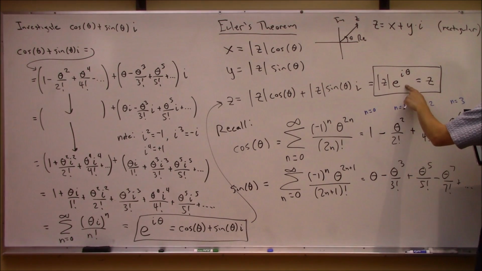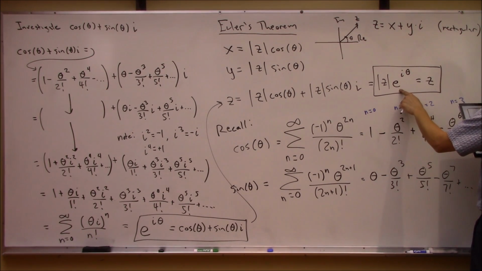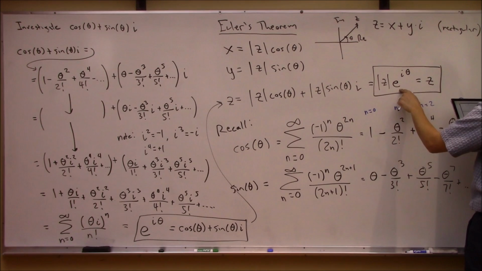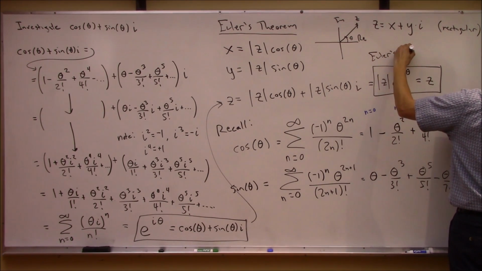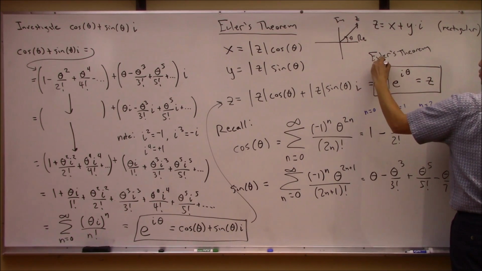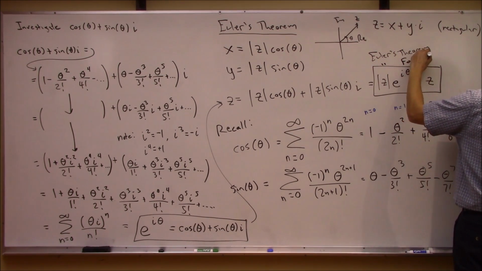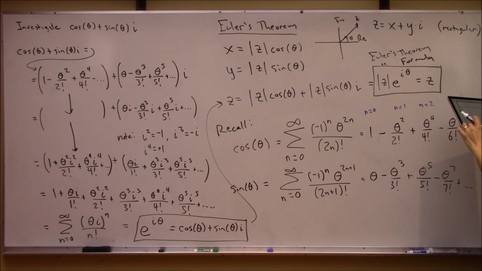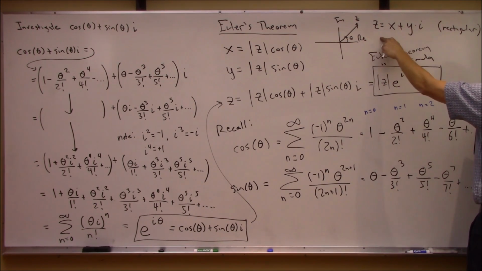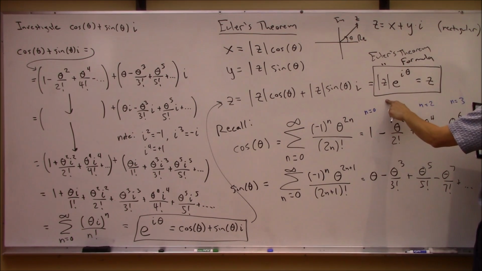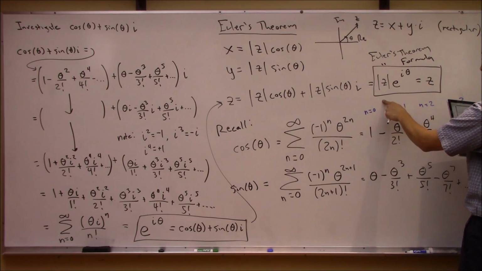So all that information is embedded in this representation of that same complex number, right? This is sometimes referred to as Euler's theorem or Euler's formula, and it's just another way to represent a complex number. We're going to see later on that sometimes it's more convenient to deal with complex numbers in rectangular format, and sometimes it's easier to deal with them using Euler's formula.